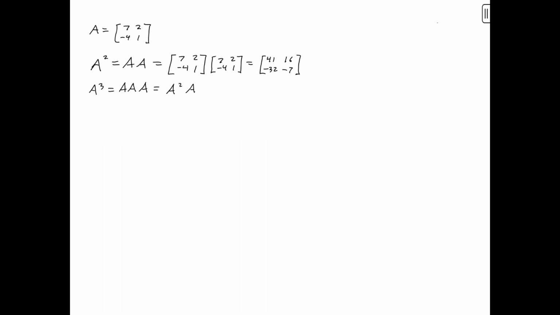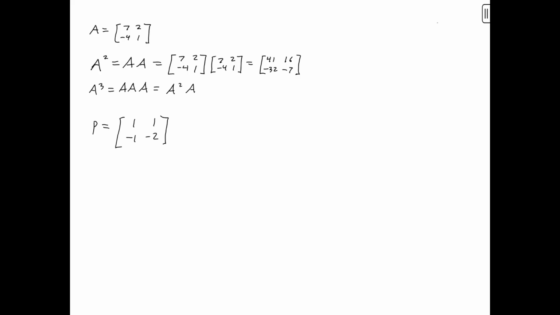So let's look at a different matrix. I'm going to call this matrix P. And the matrix P is going to be the matrix [1, 1; -1, -2]. P is invertible.